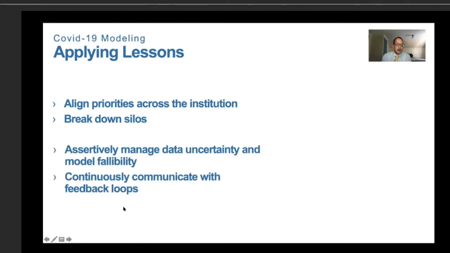And we really tried to manage the inherent uncertainty and model fallibility. A lot of it was with this continuous feedback, this daily looking at the data, this daily updating, the conversations about what this might mean. How do we incorporate social distancing? Oh, social distancing wouldn't only lower the peak, but it would lengthen it, which is something that we saw.